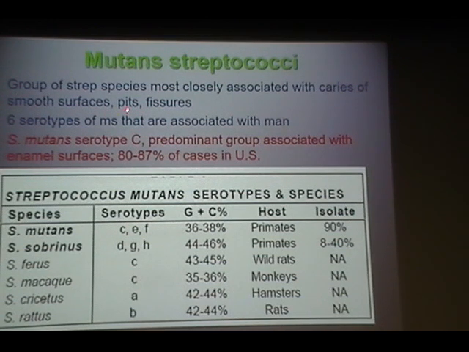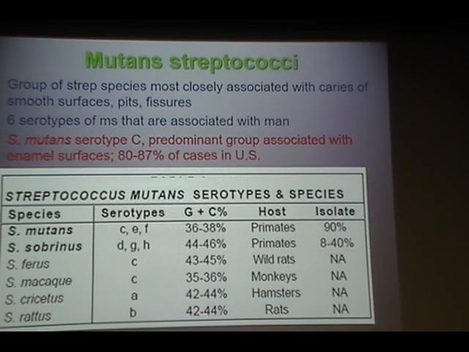There are 6 serotypes of mutant streptococci. Now remember, mutant streptococci is the umbrella name. And there are these different streptococcal species within the mutant streptococci that are associated with different animals. Not just humans, but these other animals, and this is far from the complete list.